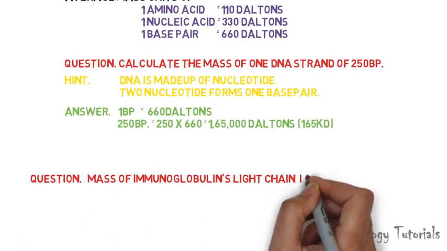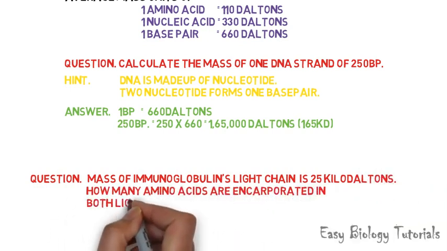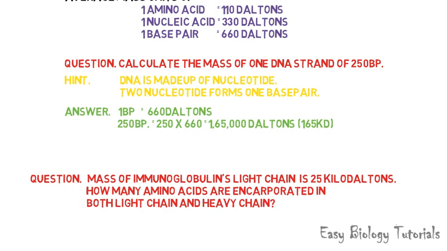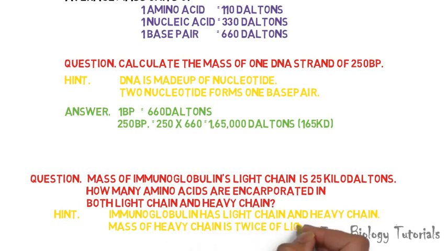Another question, mass of immunoglobulin's light chain is 25 kilodaltons. How many amino acids are incorporated in both light and heavy chains? Okay, this is a tricky question. The hint is immunoglobulin has light chain and heavy chain. The mass of heavy chain is twice of light chain.